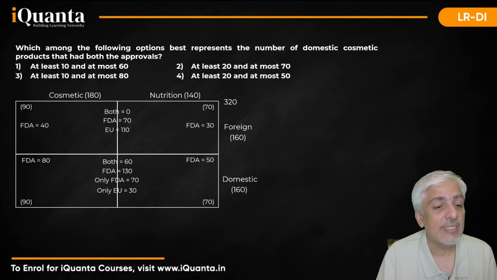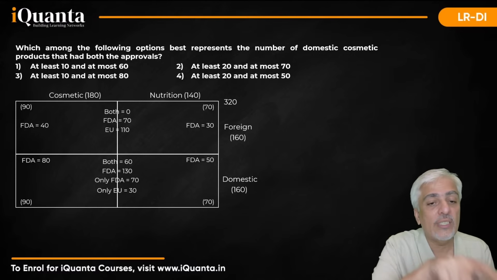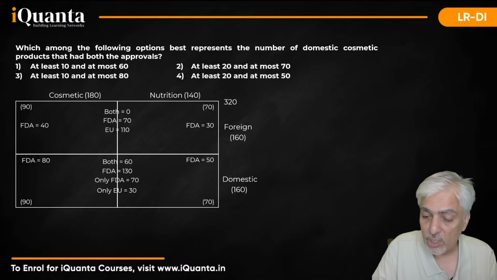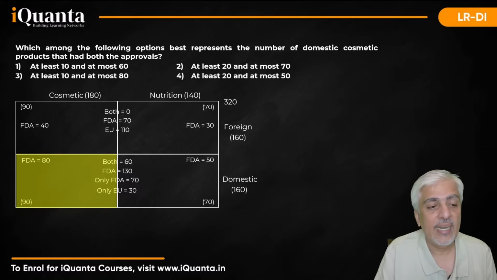So both approvals. Now pay attention, where first of all, where is both approvals? At least 10 and at most 60. What are they talking about? Number of domestic cosmetic. So domestic cosmetic is over here. We are talking about this data, right?